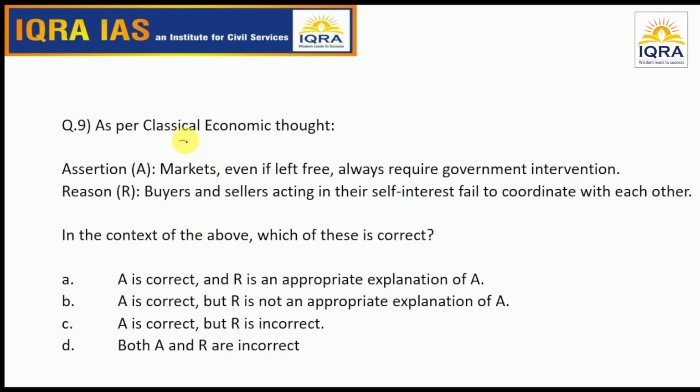Classical economic thought, question number 9. As per classical economic thought, you have to take this assertion and reason. Assertion: market, even if left free, always requires government intervention. Reason: buyers and sellers acting in their self-interest fail to coordinate with each other.